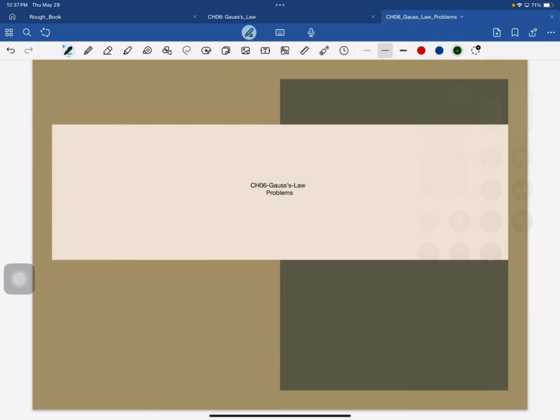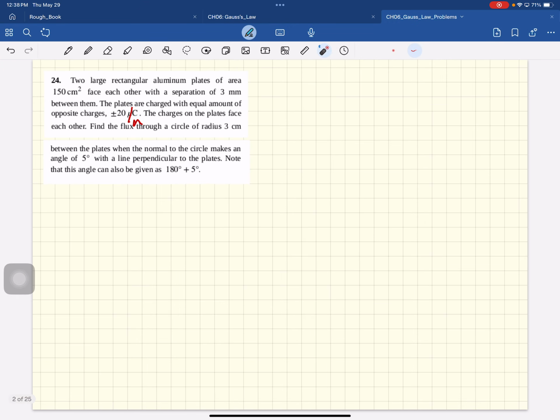All right, so let's do a few problems. This one says two large rectangular aluminum plates of area 150 centimeters square. 150 centimeters square is roughly half the area of this sheet. Face each other with a separation of 3 millimeters between them.